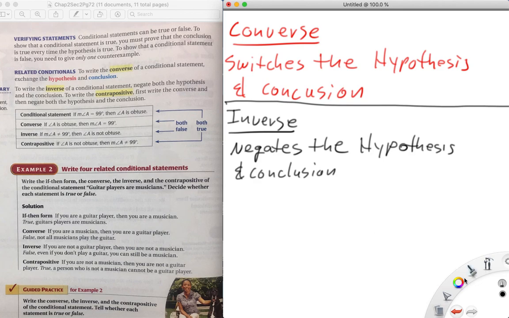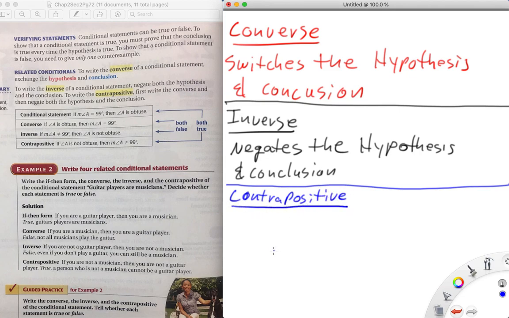And then we have the contrapositive. I mean, not the inverse, the contrapositive. And the contrapositive does both. So think of the contrapositive as the converse and the inverse together.